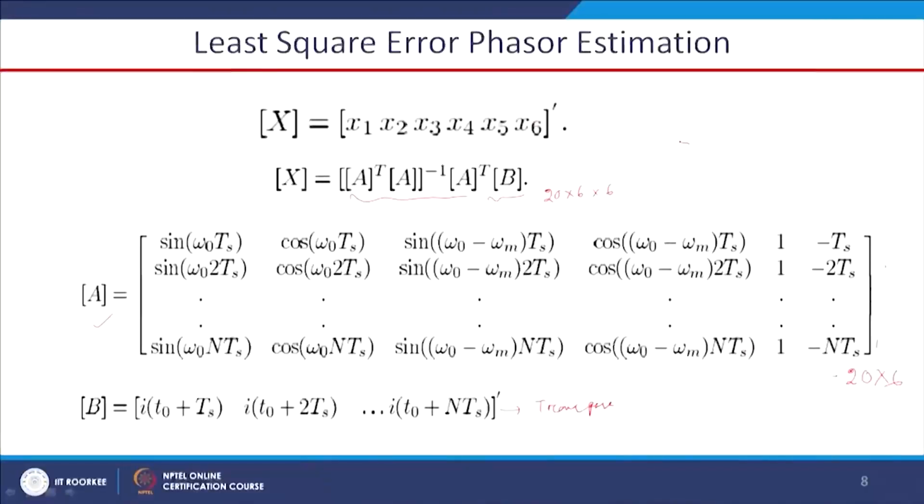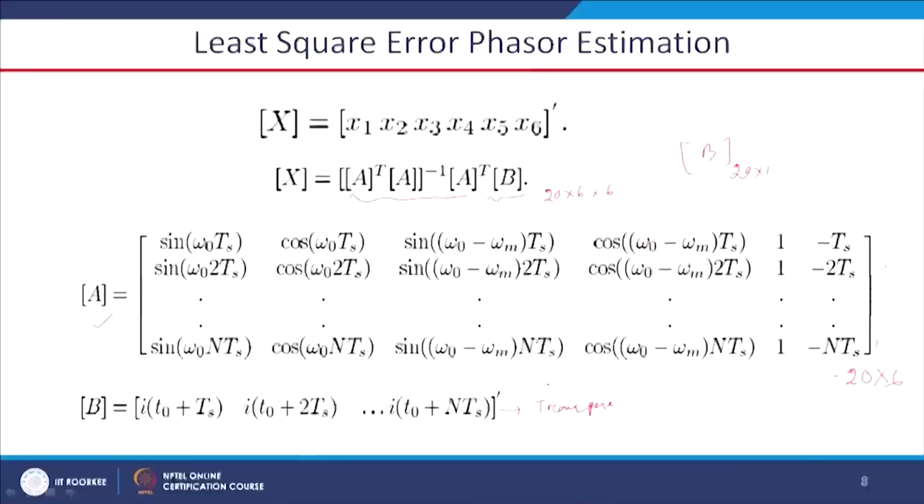Now, if the B matrix size was basically 20 cross 1, it will be opposite. It will have 20 columns and 1 row. So, if we take the transpose, it will be 1 cross 20. For multiplication purposes, we generally take this transpose for easier calculation.